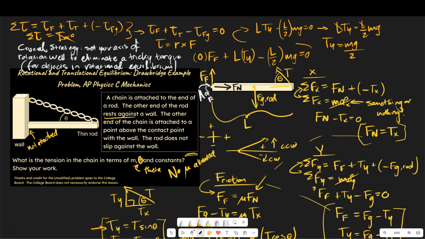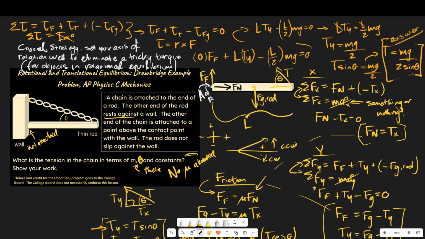So let's write that in. So tension sine theta is equal to mg over 2. And just to clarify and to solve the problem effectively, you could say tension is equal to mg over 2 sine theta. And that's how you would go about doing this kind of strategy.